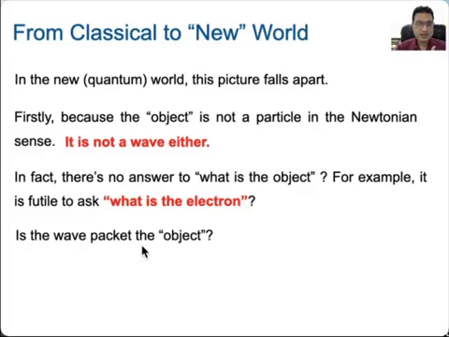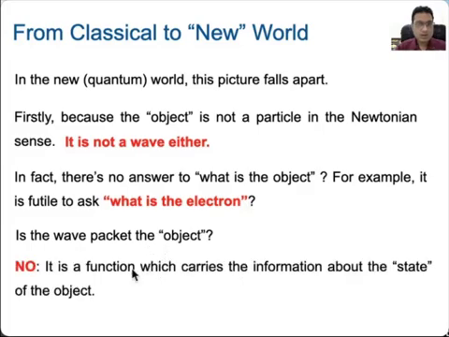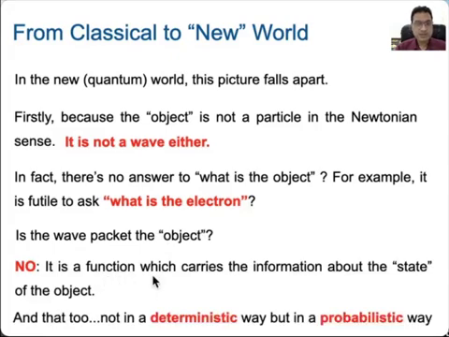Is the wave packet the object? No, because it is a function which carries the information about the state of the object, and that too not in a deterministic way but in a probabilistic way. So this new quantum world is not a deterministic but a probabilistic world.